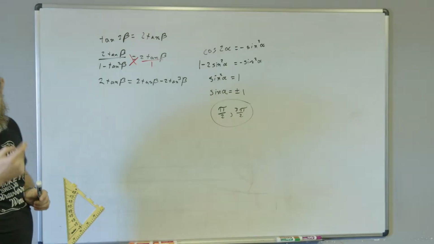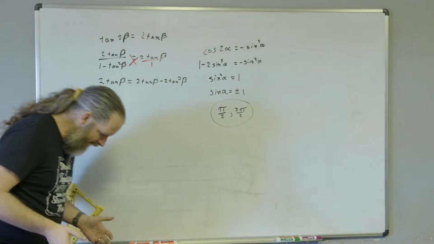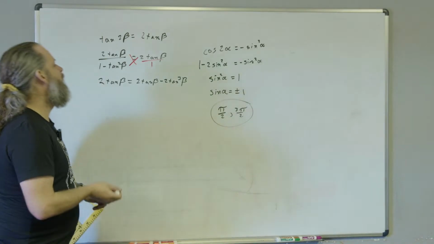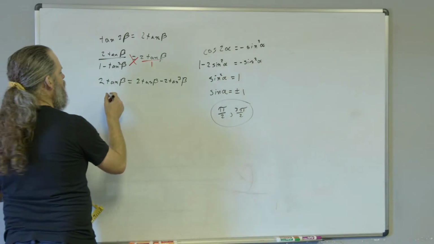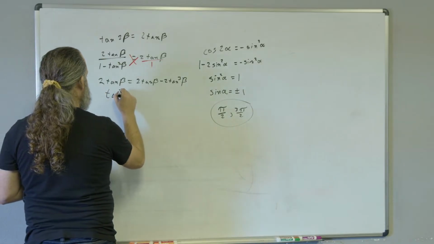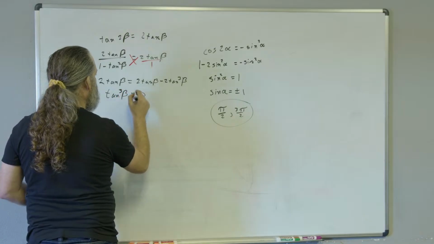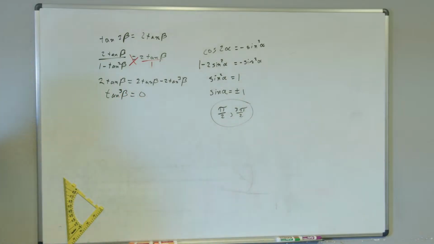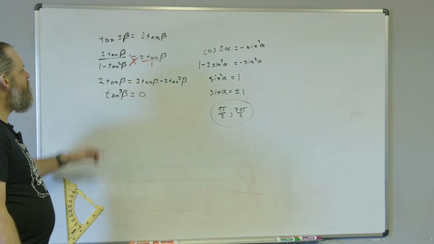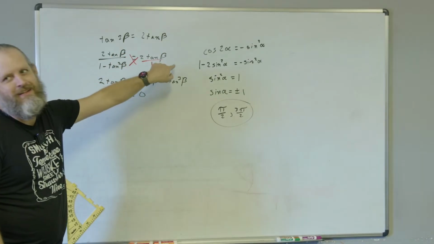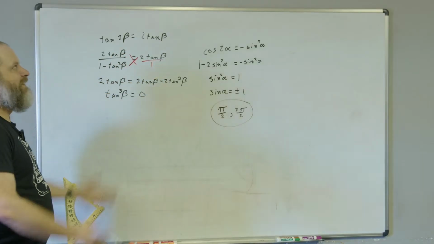Where does the negative 2 go? When 0 is divided by negative 2, what happens to it? There is a mistake. We skipped a step. Tangent squared times tangent beta is tangent cubed. It is.